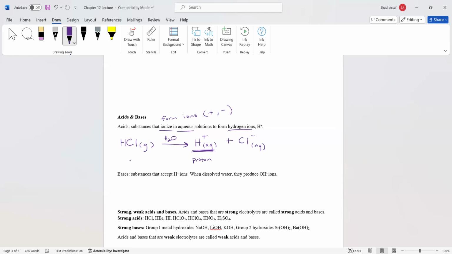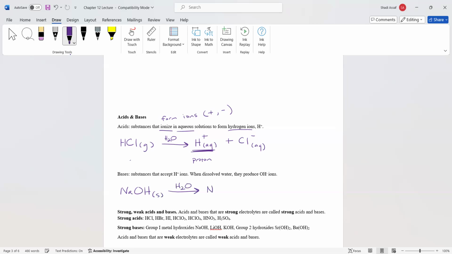Bases, on the other hand, accept hydrogen ions. And to make it simple, because we're really at a basic chemistry level, when dissolved in water, they produce OH- ions. So if I have sodium hydroxide, it's called lye, used in making soap and all kinds of industrial processes.